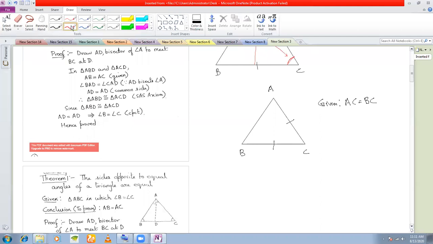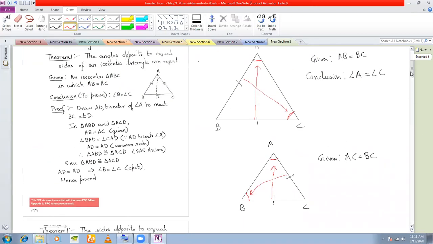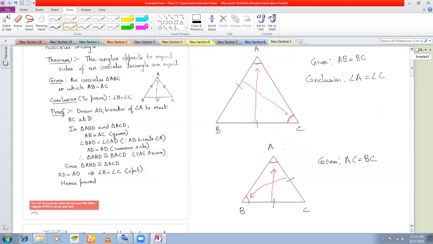This time from the same theorem you can conclude that these two angles are equal because opposite to this side is this angle and opposite to this side is this angle. See the difference between the two figures. The equal angles will depend on the sides that are given to be equal. So my conclusion in this case will be angle A is equal to angle B.